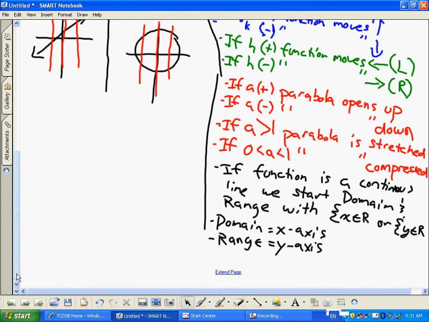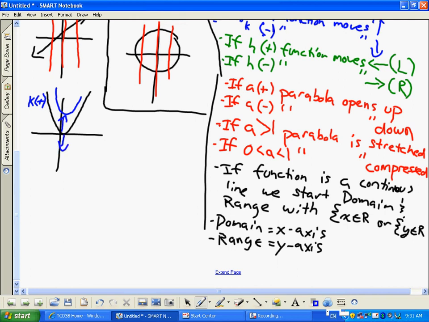So put it under examples here. Say we have a graph. Our normal parabola touches like that. This is, we'll say k is positive. Okay? k is positive. Parabola moves up. k negative. That's just a quick note. So our black one is our original. If k is positive, we move it up.